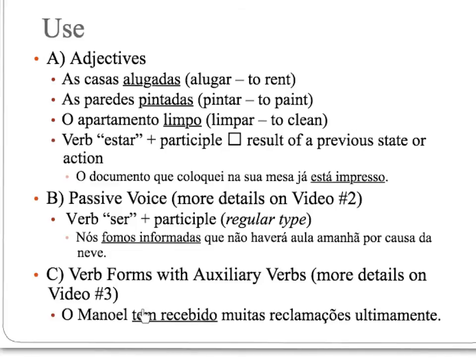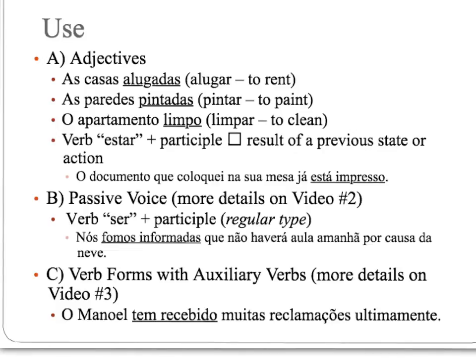So notice that there are two verb forms. The verb ter, the verb receber, right? The first verb is always the one that you conjugate, so it's always the one that you have to choose based on the subject. But the second one, in this case, is a participle. So you're going to use the participle of the verb. If it is a verb that has two participles, you're going to use the regular form. If it is regular, you use just the one form.